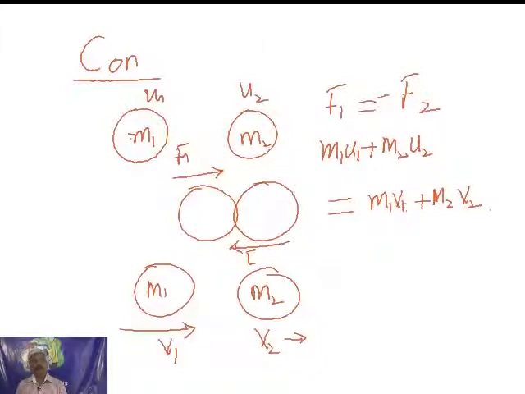Immediately we know, the lorry. Why? That is the thing we have to understand: the mass of the lorry is heavy, therefore velocity is less. If a car or cycle is moving with low mass, the speed is high, so mass and velocity together become constant. Therefore m1 u1 plus m2 u2 equals m1 v1 plus m2 v2. This is the total momentum before collision and the total momentum after collision. That is the law of conservation of momentum.